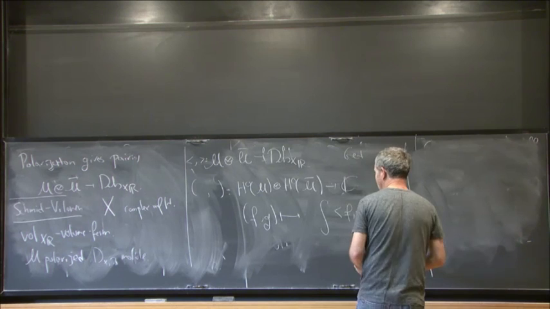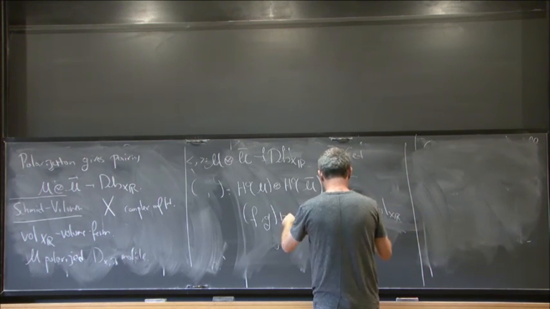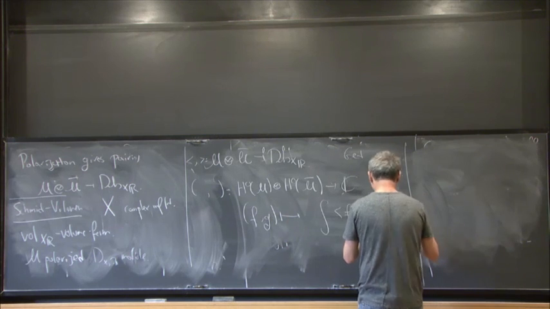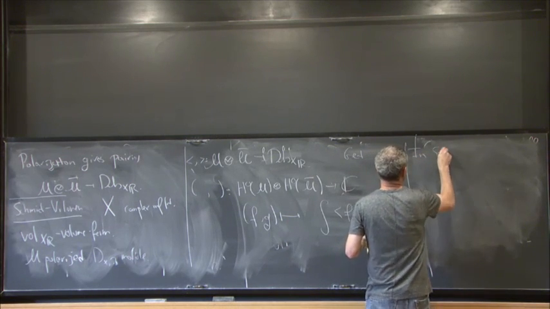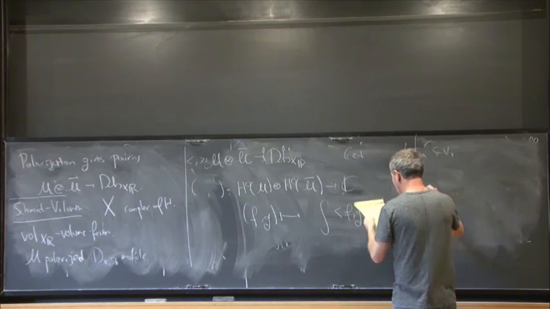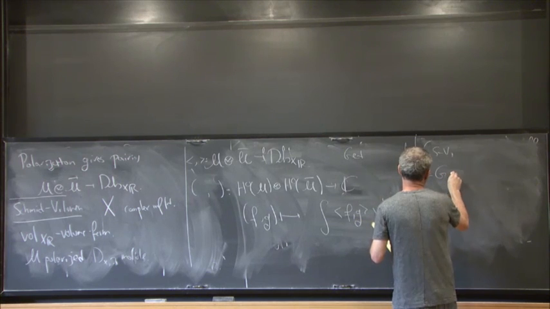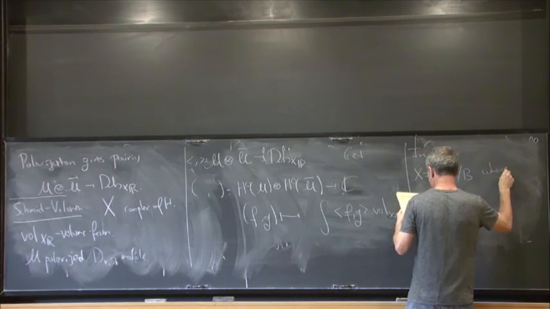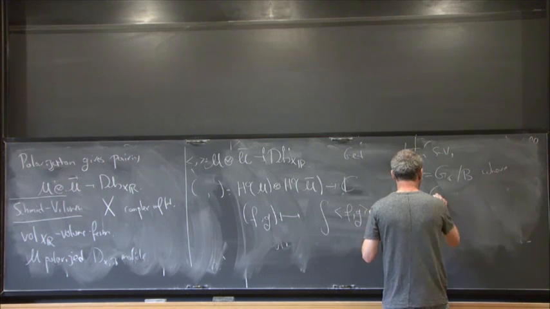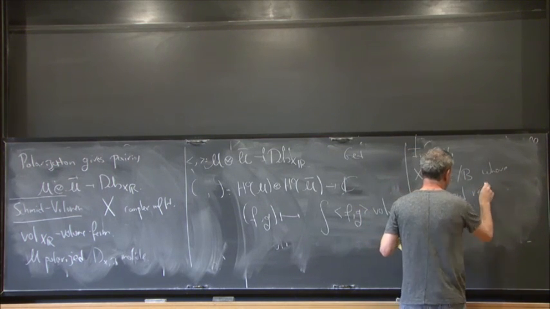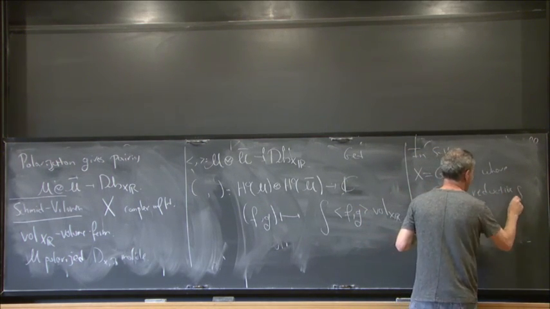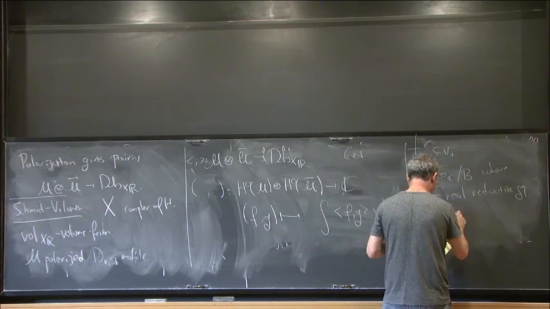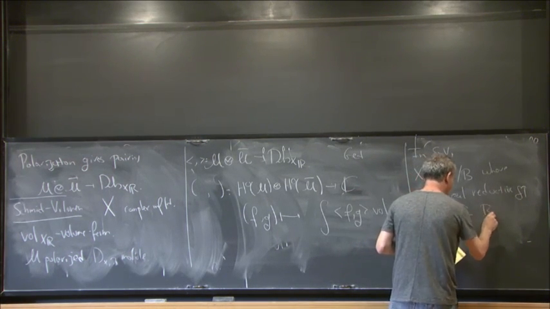Okay, but their conjecture has to do with this pairing in a particular case. So in Schmid-Vilonen, X is G_C mod B, where G is a real reductive group, and B contained in G_C is a Borel.